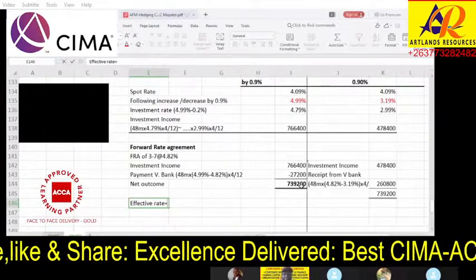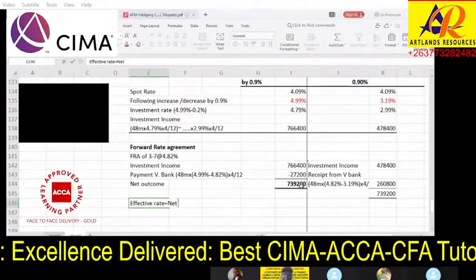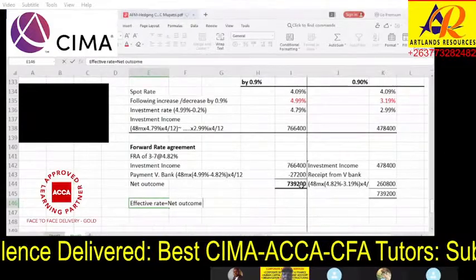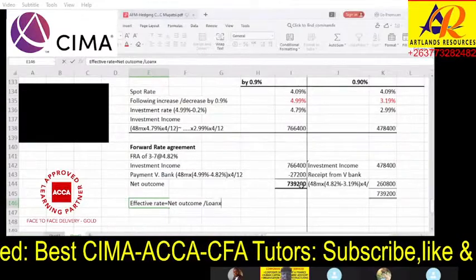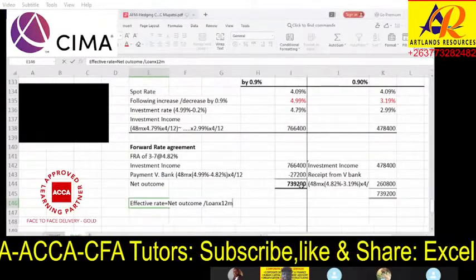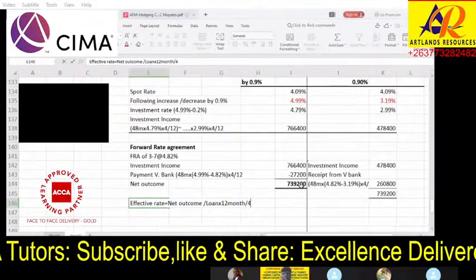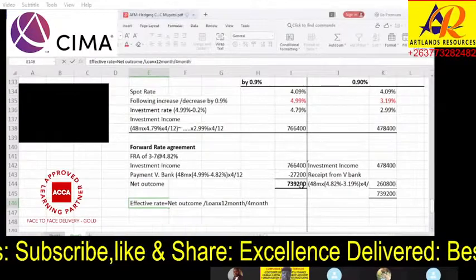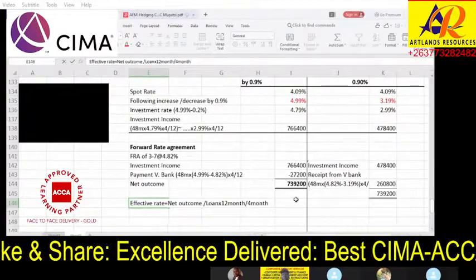So you find it by saying net outcome over the loan, times 12 months, because in a year there are 12 months, over 4, which is the loan period. If the loan period was 3 months, you'd say over 3. This is how you calculate it.